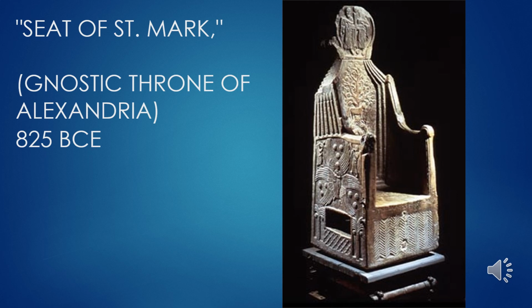So they also stole this throne, which is interesting because this is also called the Gnostic throne of Alexandria. And they believe it, again, was St. Mark's chair. In fact, it's carved from gypsum. It has Hebrew writing on the chair. The way they smuggled it out of Alexandria, that area was controlled by Muslims at the time.